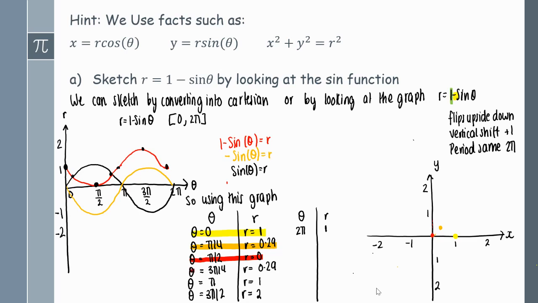For 3 pi on 4, that's going to be in quadrant 2. Again, my distance is 0.29, so kind of symmetrical to what we have in quadrant 1. When theta is pi, so now I'm in the negative x direction, my r is 1, so I'm going to end up at the point negative 1.